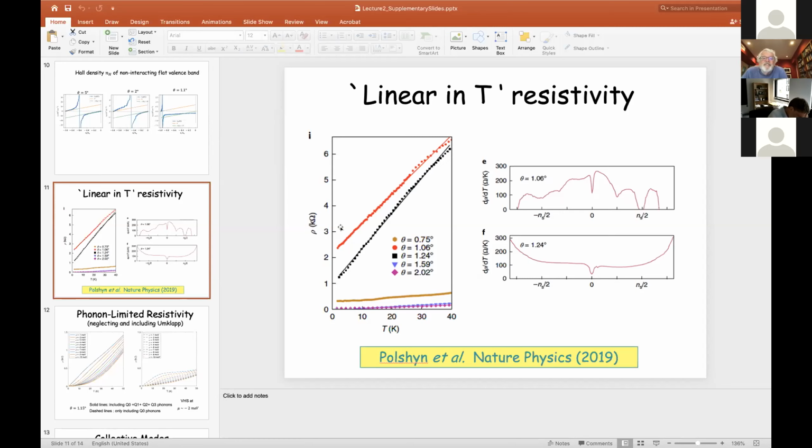Related to that, there's an interesting point. There are 2 interesting features of a linear resistivity. One is the slope, and the other is an intercept. One possibility is that the intercept is just disorder, and there's some kind of Matthiessen's rule that's simply taking intrinsic behavior and shifting it up.